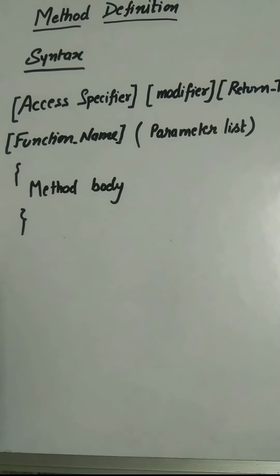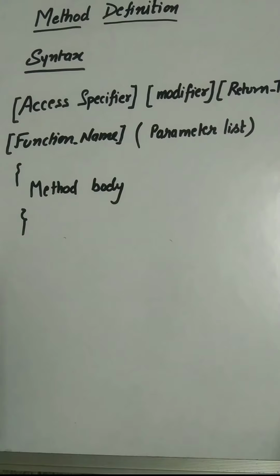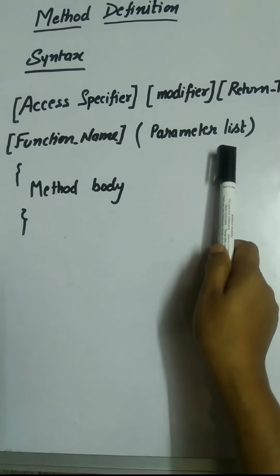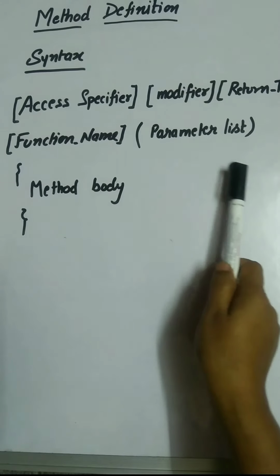Next is the parameter list. Parameter list is a comma separated list of variables used to provide input to the method. If you want to take input in the method, you provide the parameter list separated by commas.